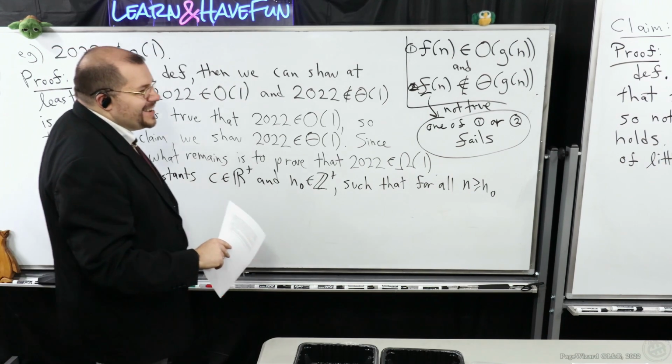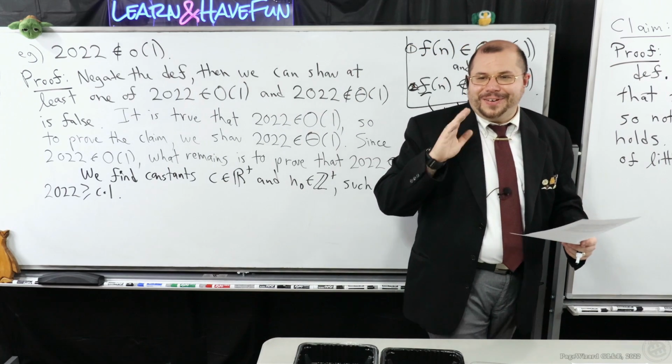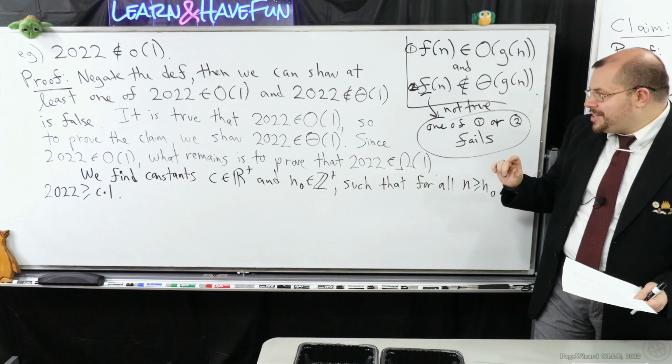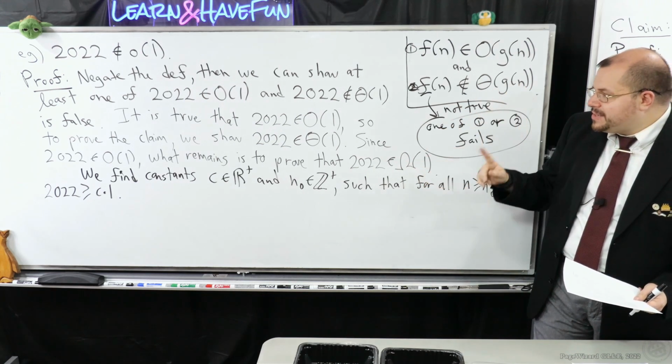So this is surprisingly easy for us to approach if you understand what we just wrote down. I picked those two constants such that 2022 is greater or equal to c times 1.